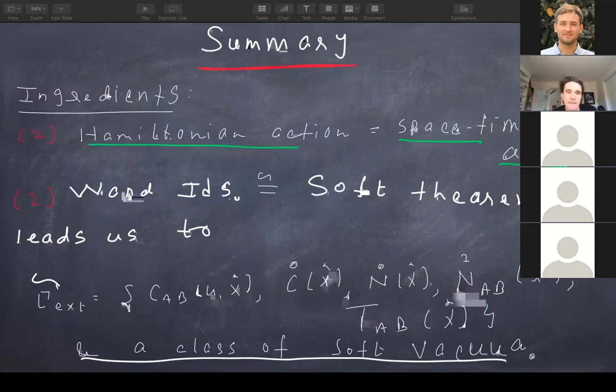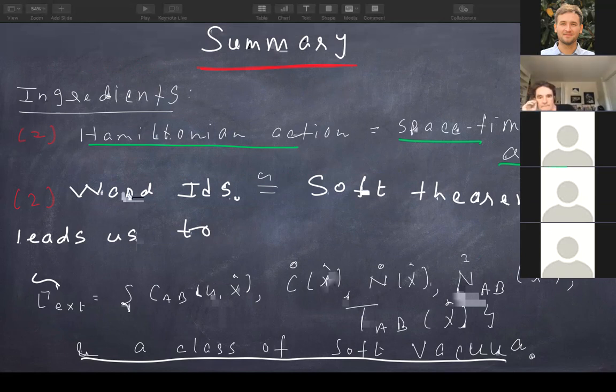So let me just summarize what I have so far. We have 2 basic ingredients that we wanted to use to derive these charges and quantize them. One was that we demand that the Hamiltonian action should faithfully capture the space-time action on the shear field, and the Ward identities should be consistent with, or capture, the soft theorem.